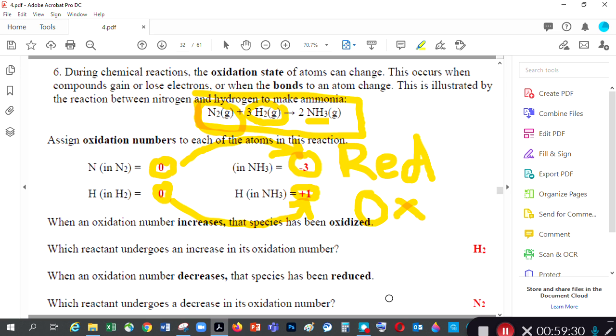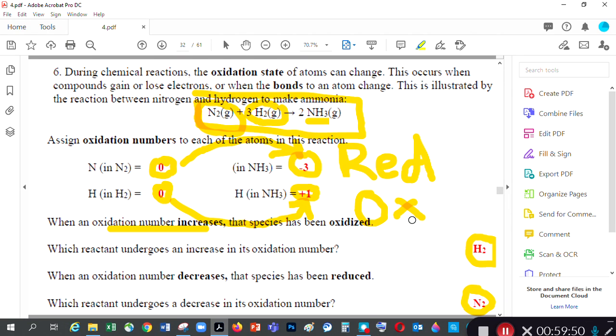Now the question is, oxidation number increases. So which reactant undergoes an increase in oxidation number? Hydrogen. Which undergoes a decrease in oxidation number? Nitrogen.